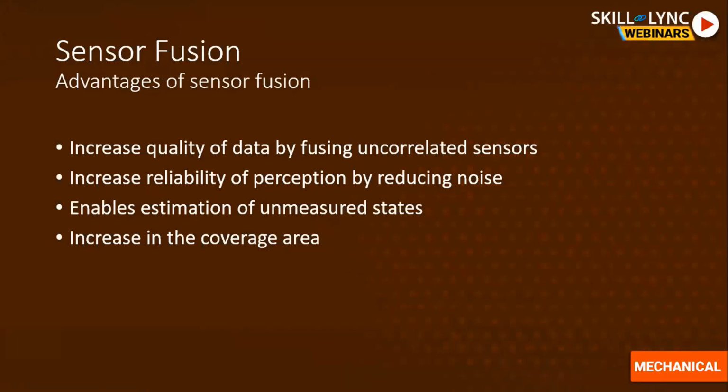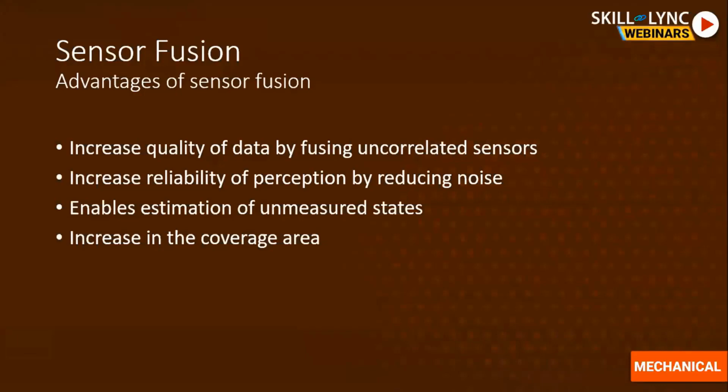Now, the advantages of sensor fusion, why sensor fusion is a crucial part of any autonomous system development, is because it helps increase the quality of data by fusing uncorrelated sensors, increase the reliability of the perception system by reducing the noise, and enables estimation of unmeasured states.